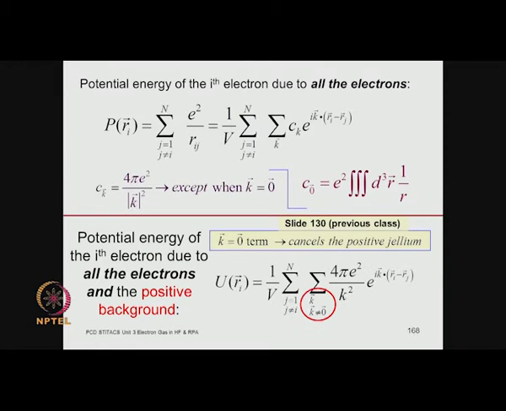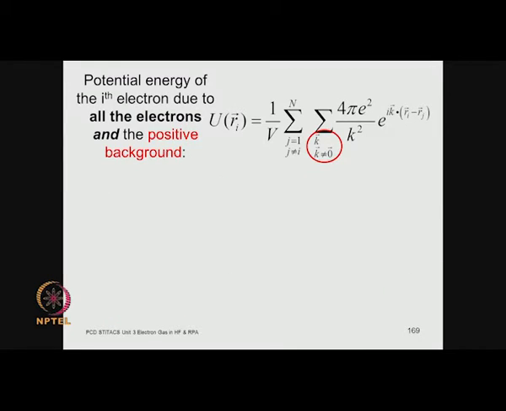And that is then given by this expression on the right hand side, inclusive of the summation over k except for the k equal to 0 term, because that is the one which goes into the cancellation of the jellium. Okay? Alright, so this is our potential now, which is the potential energy of the ith electron due to all the remaining electrons and the positive background.